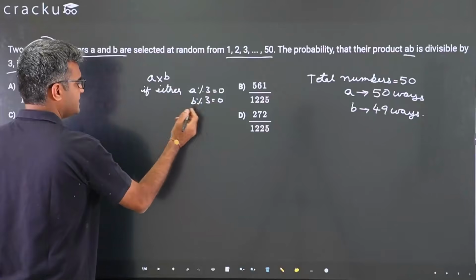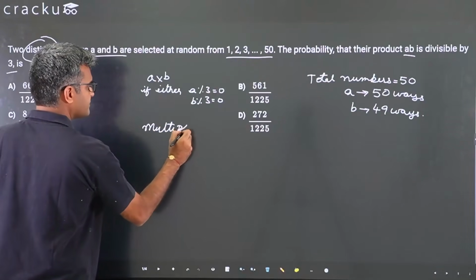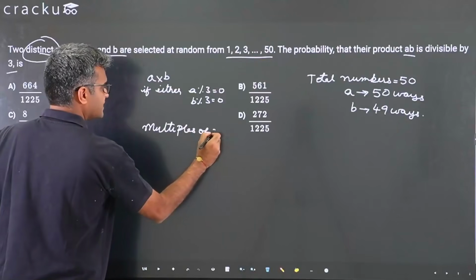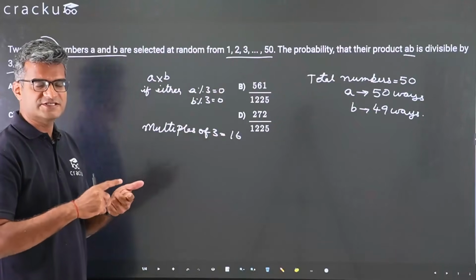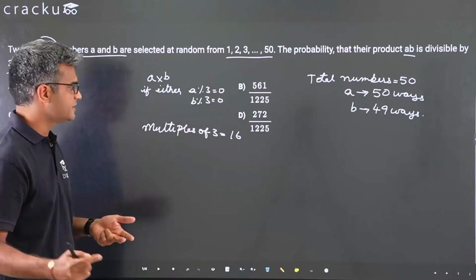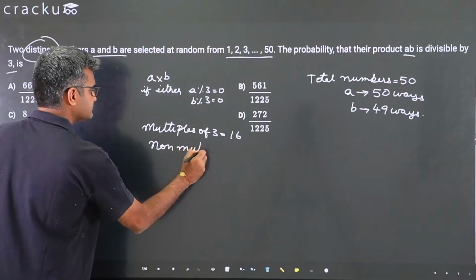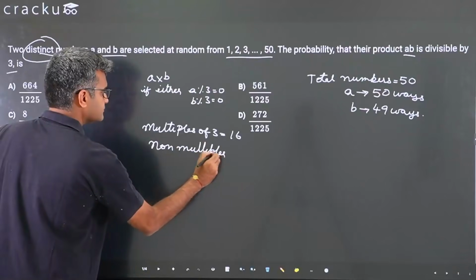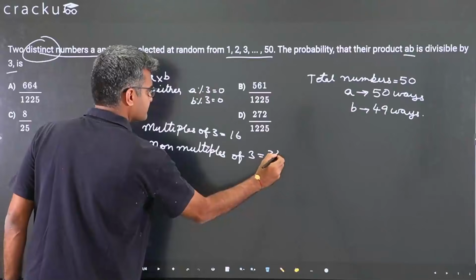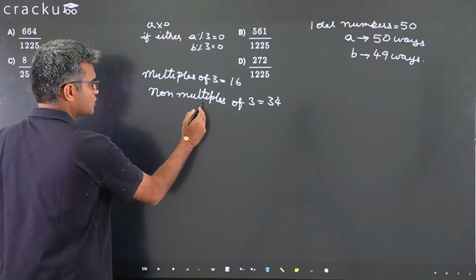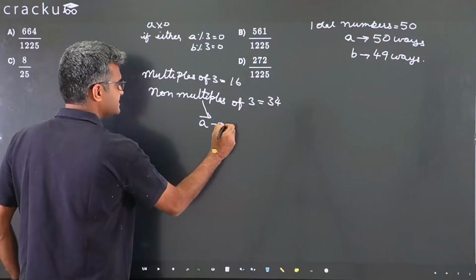So, how many numbers are multiples of 3 from 1 to 50? The multiples of 3 is 16. It is either 3 or 6 or 9 or dot dot dot till 48. So, the non-multiples of 3 is 34. So, if you are trying to select two non-multiples, the number of ways in which A can be selected is 34 ways.